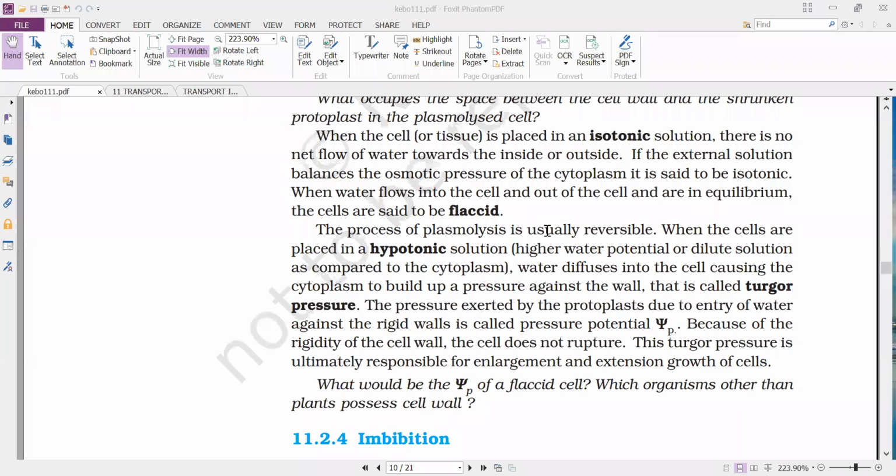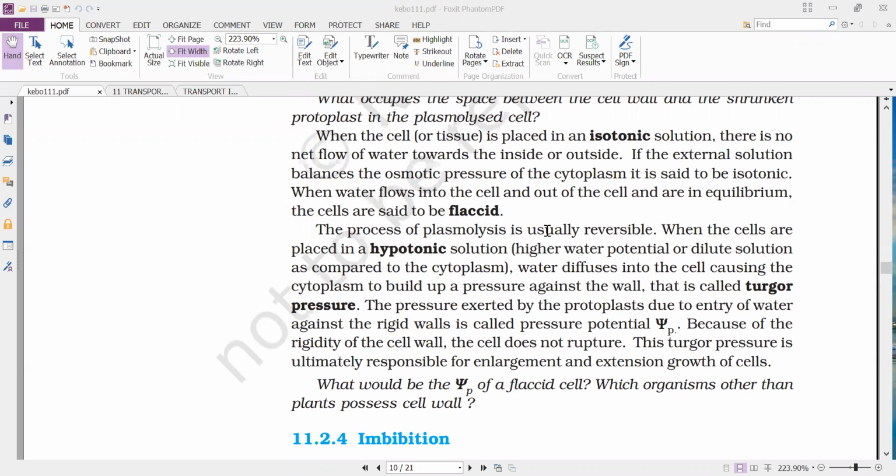When the cells are placed in a hypotonic solution, that is, a region of higher water potential or a dilute solution as compared to the cytoplasm, water diffuses into the cell, causing the cytoplasm to build up a pressure against the wall. This is called turgor pressure.